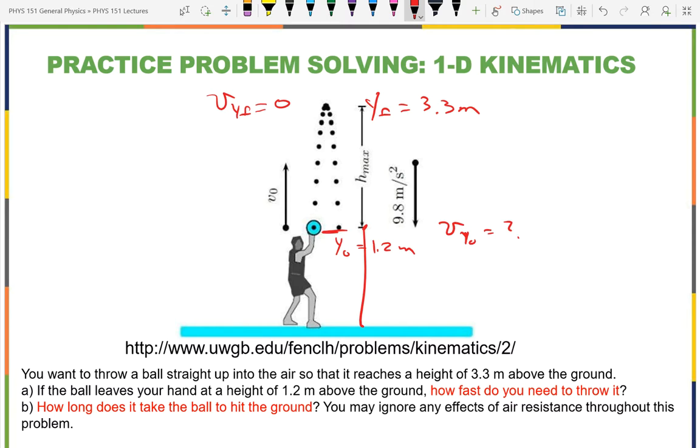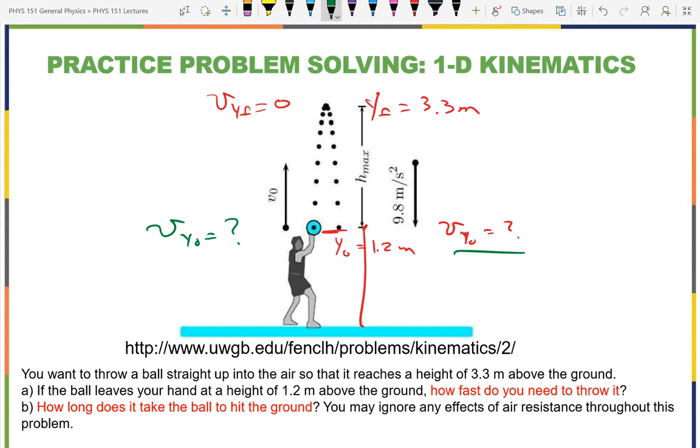So now that I have this, I look and I say, what am I looking for? I am looking for how fast it was thrown initially. So I'm looking for Vy initial equals, oh, actually I wrote it over there already. Yes, that is the way I said it. I look at this, what is conspicuously absent of variables?